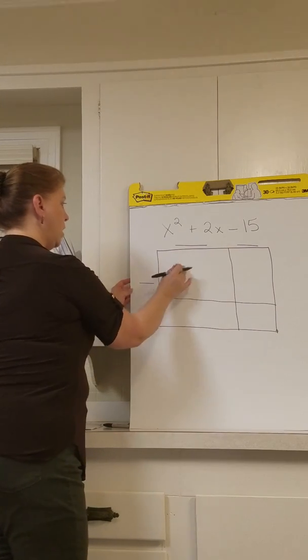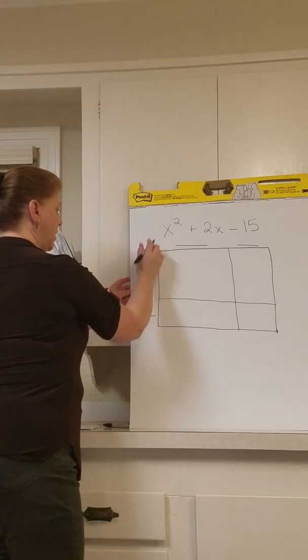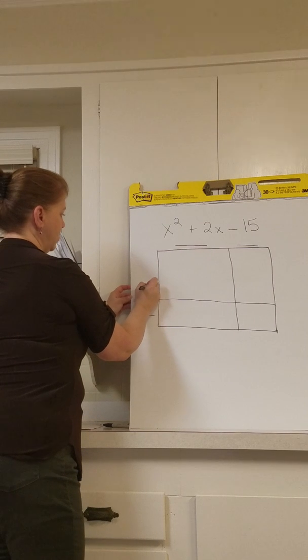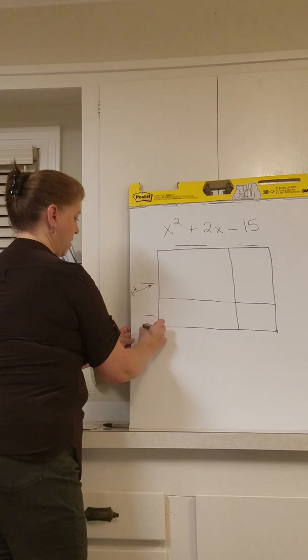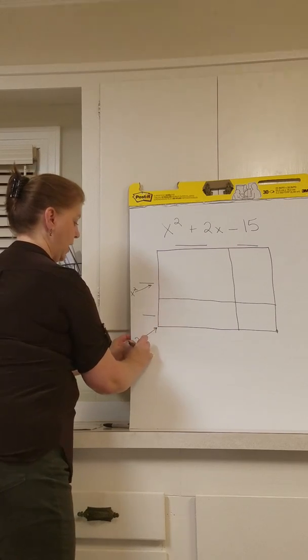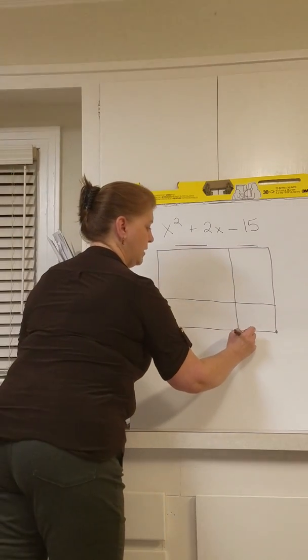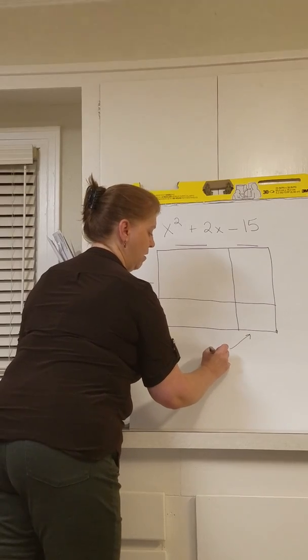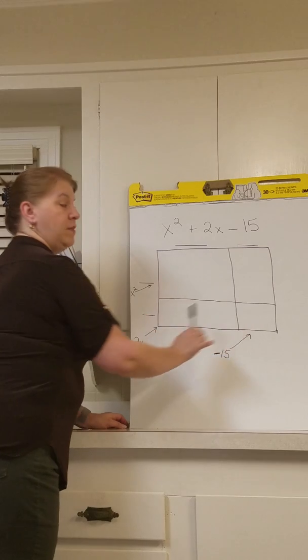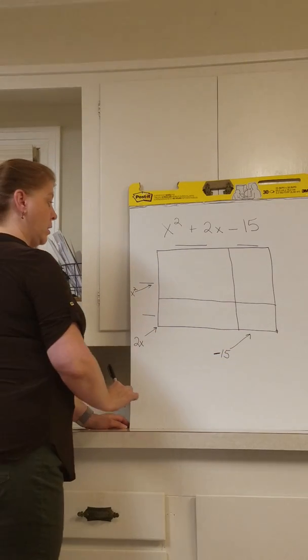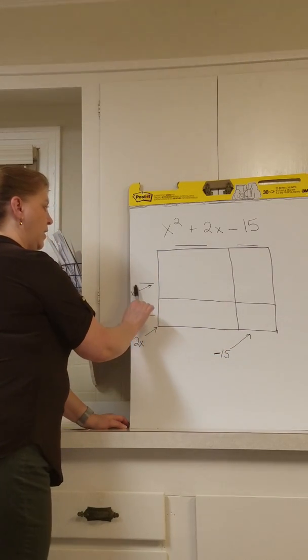However, we do know that this piece over here going this way is an x squared. These two pieces together add up to a 2x. And this piece here adds up to a negative 15. So what can we fill in, any of these pieces here, these partial products? So let's see. X squared.